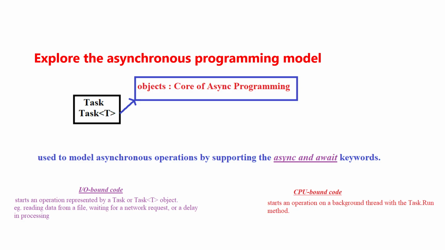There are two types of operation mainly where the asynchronous programming model is used, or in other words, we are using some bound operations to suspend a particular operation and continue with others. Imagine you are reading data from a particular file and this operation has frozen your UI screen.